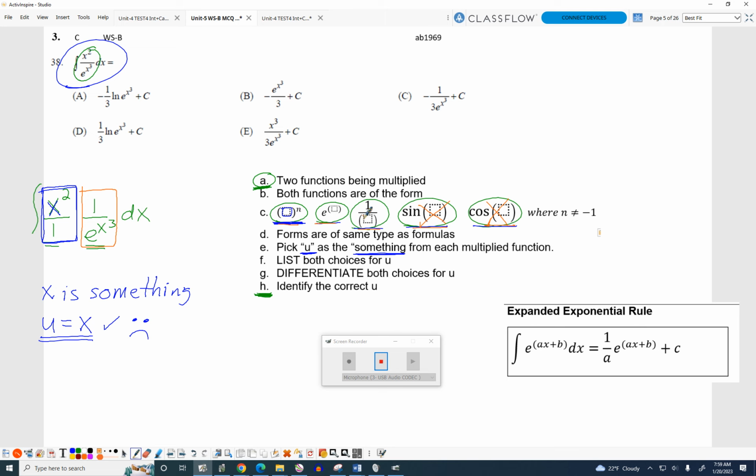Here's the something. So what's the something? E to the x cubed. So that means our choice would be u is equal to e to the x cubed. That's okay because that's not just substituting u for x, so that's a good thing. 2 points for Will.